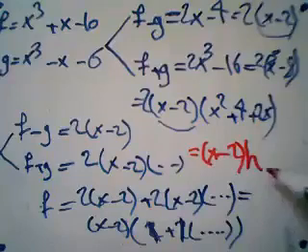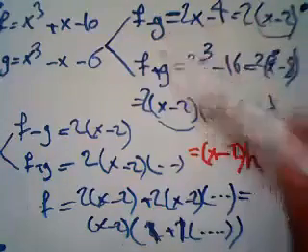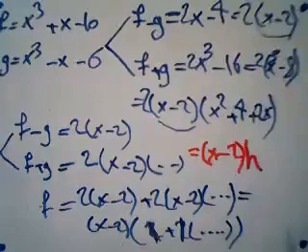Then this h should appear also in both of the linear combinations. I was saying that h should appear in every linear combination of f and g, but here it didn't appear. That means that x minus 2 is the greatest common factor of f and g.